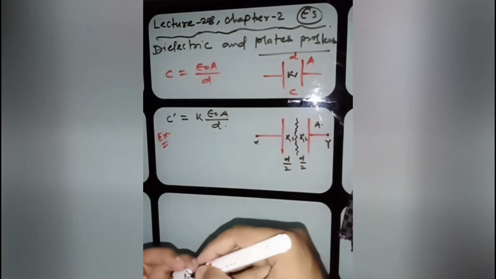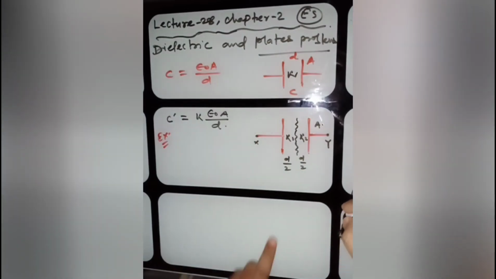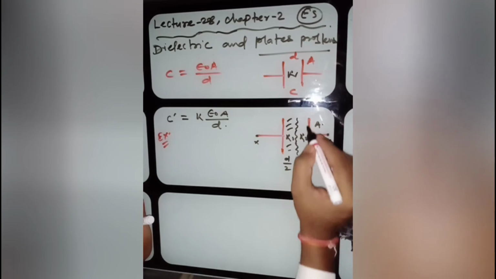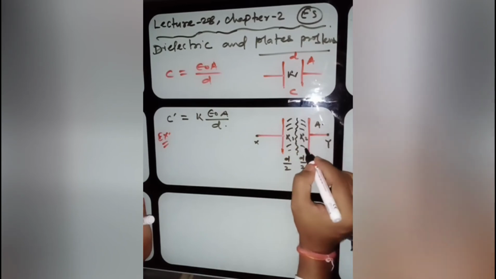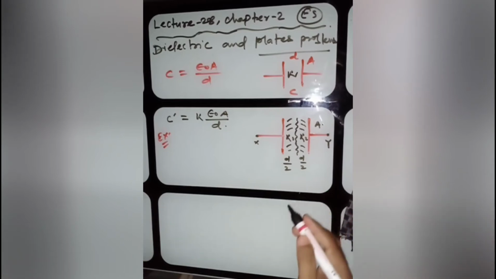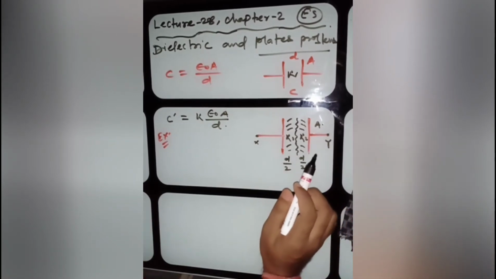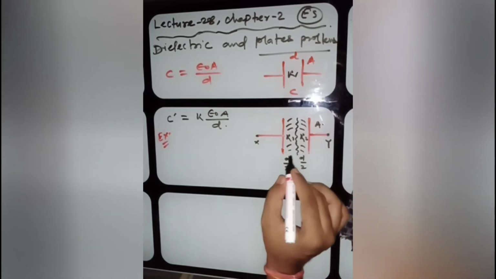As we have practiced with a number of capacitors, if one dielectric is filled over here and another dielectric over here, you can see two capacitors. Student, how you have to proceed, just try to learn.